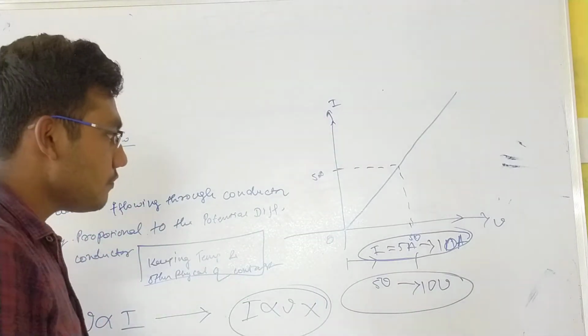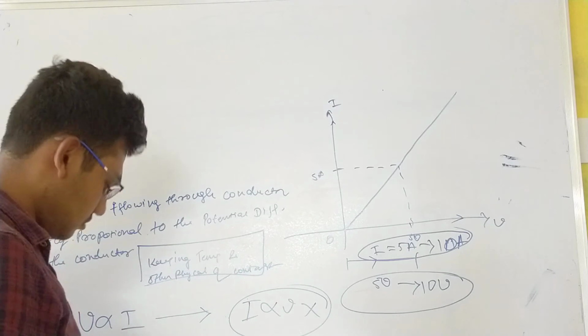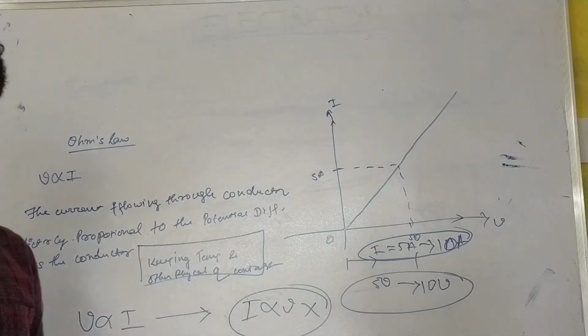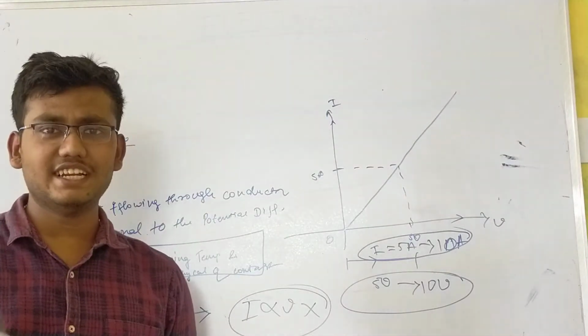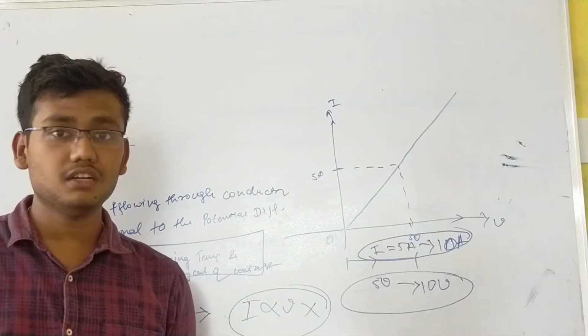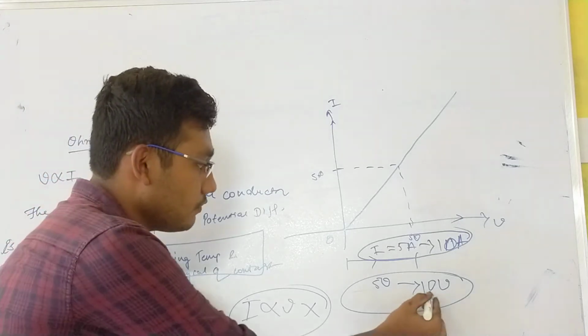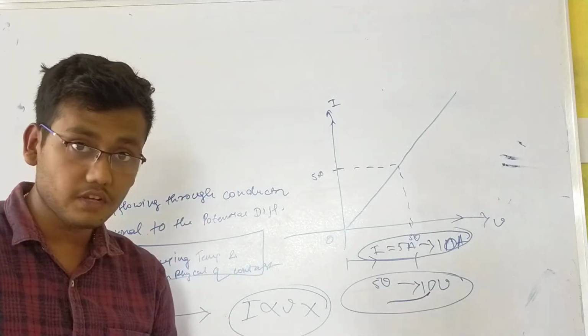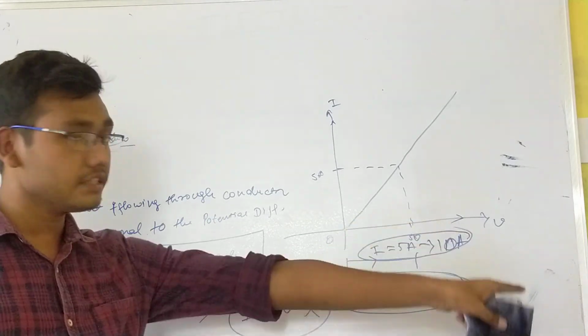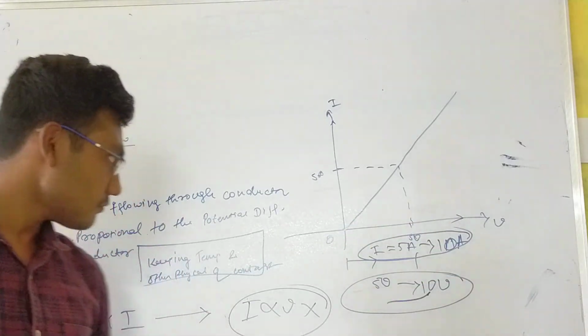It is very clear from the graph that voltage is an independent quantity and current is a dependent quantity, dependent on the voltage. In the previous example, when we increased the voltage to twice, the current similarly increased to twice.